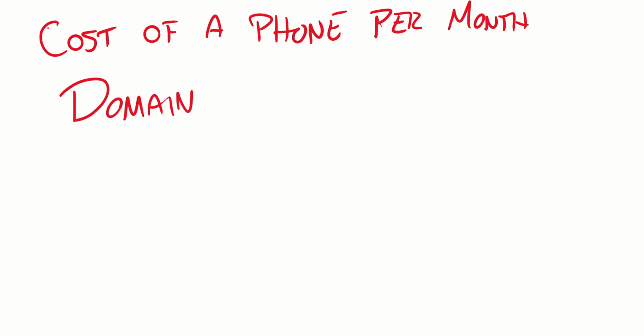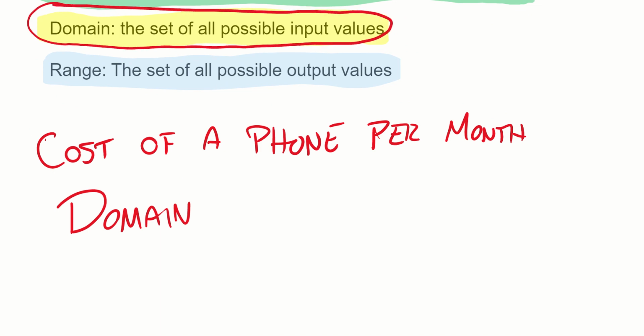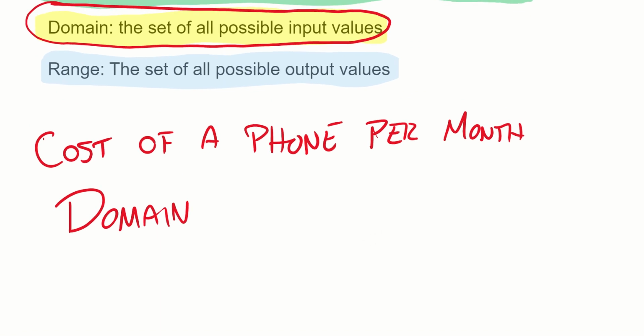So remember, when we talk about domain, it's, what are all the x values that could exist? What are all the numbers I could input into my equation? And so for Gina, her domain is going to be all the numbers 0 through 12. Because she wants to track it for a whole year. There's 12 months in a year. And she has to start with 0, the 0th month, before she's paid anything.